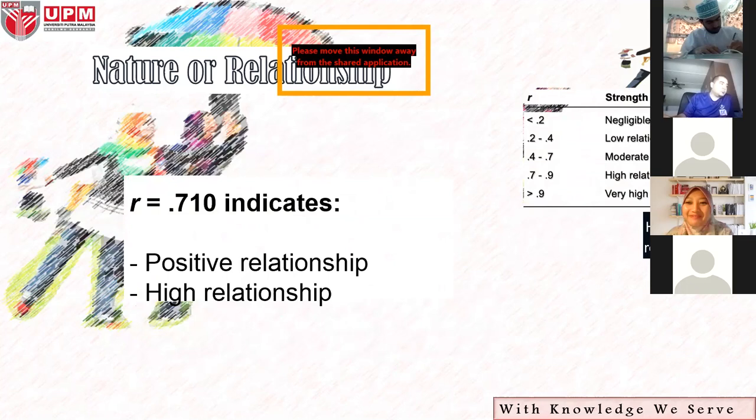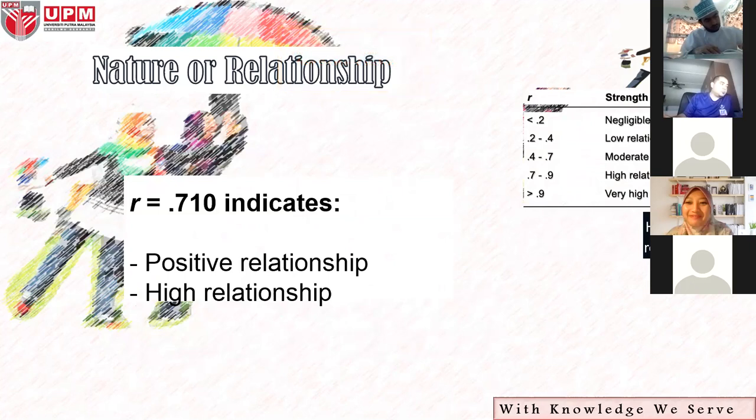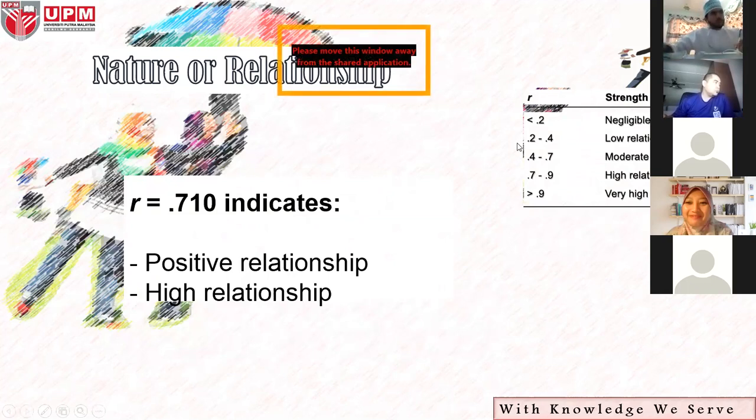We need to report both the R and the significant value. So based on the R, the value is 0.710, which indicates a positive relationship, and based on the Guilford rule of thumb, it is considered a high correlation, a high relationship. Based on Cohen, I think it is also a high relationship.